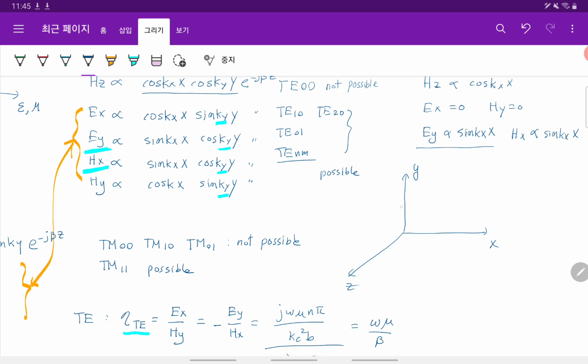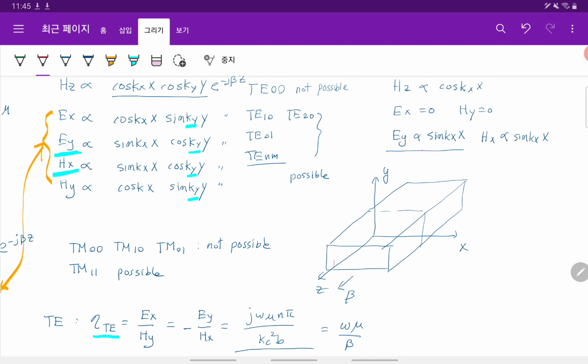So let's say we have this kind of box. So the waveguide is here. So the wave is propagating in this direction, right? And then the electric field is in the Y direction, right?